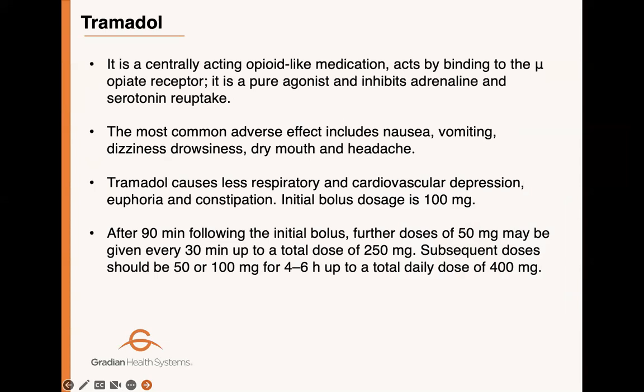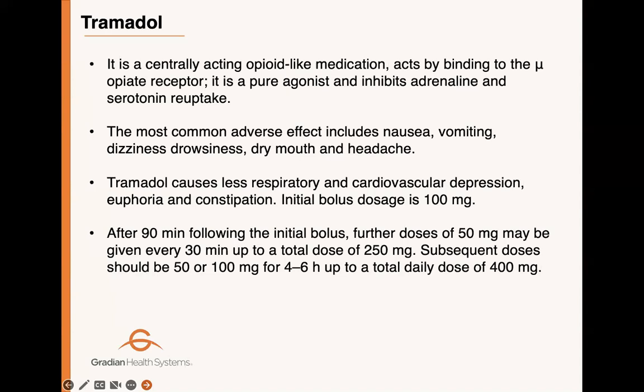Tramadol is also readily available in our settings. It's a centrally acting opioid-like drug that binds to the mu receptors and also inhibits adrenaline and serotonin uptake. It has the same common adverse effects as any other opioid: nausea, drowsiness, vomiting, and headache.